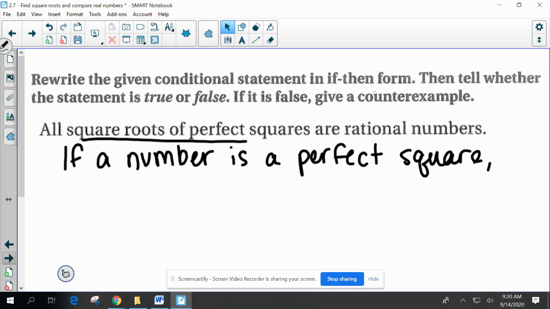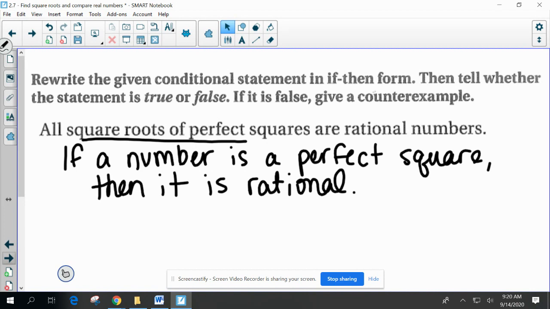Then it is rational. Okay, would that be true or false? Think about all those perfect squares, that chart you wrote down. Are those numbers rational? Yes. So that would be true.